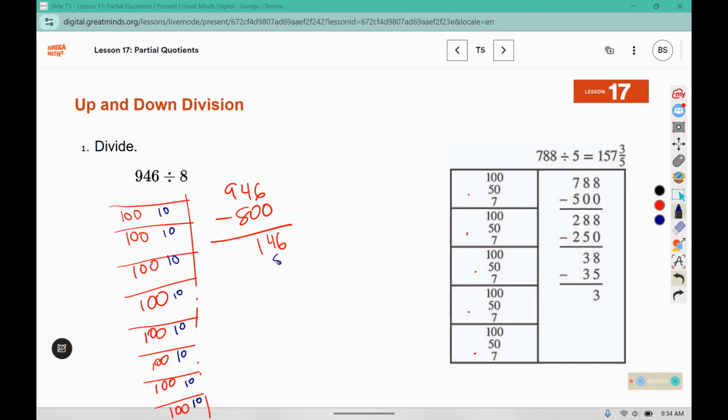Eight sets of 10 is 80. 6 minus 0 is 6. 14 minus 8 is 6. Now let's give them all. Let's see, 8 times 8 is 64.